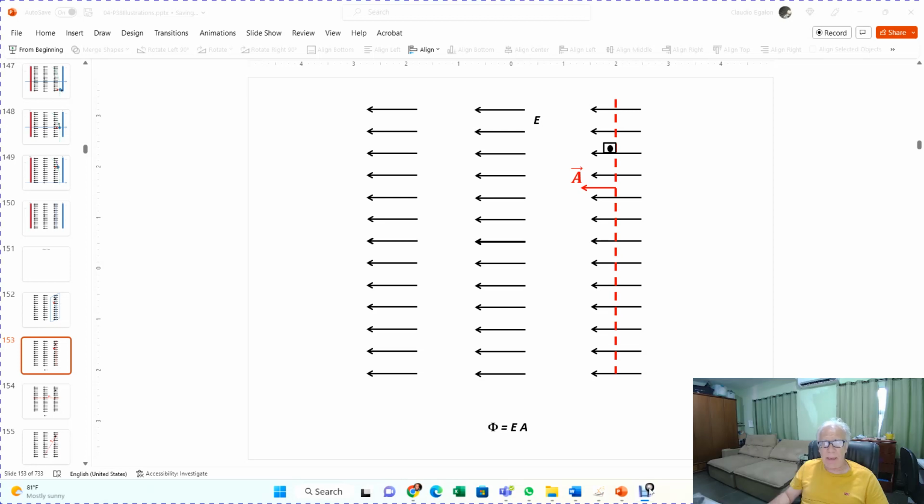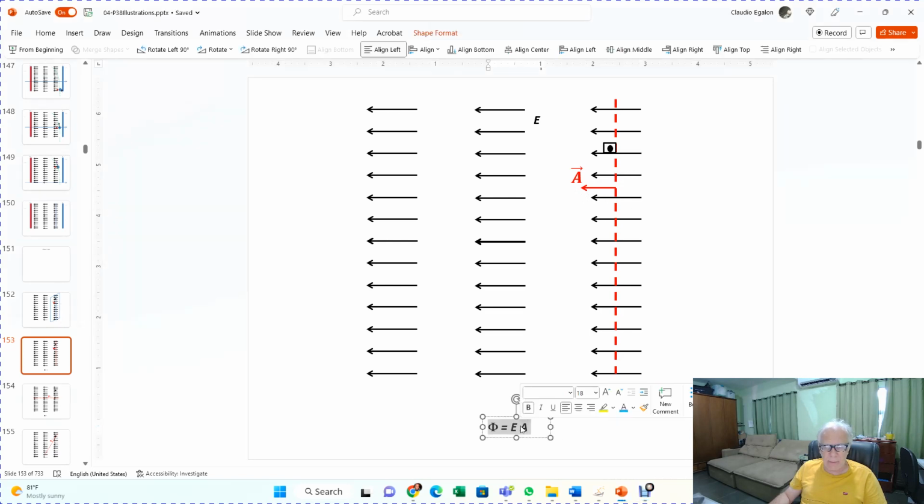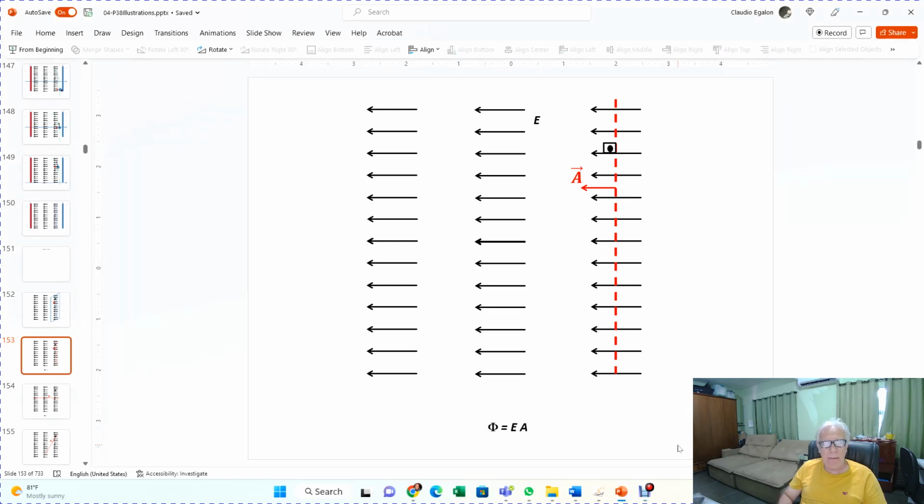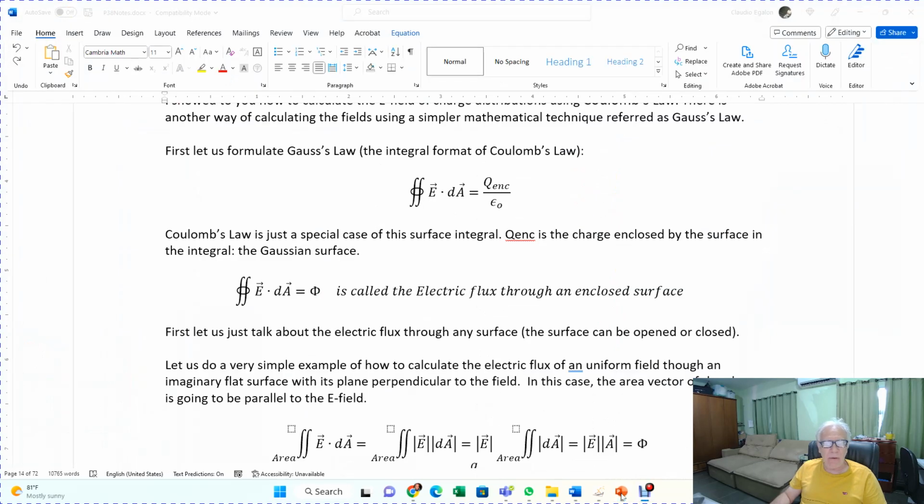In this specific case, the electric field is traversing the surface, and due to the orientation of the surface, the vector area is parallel to the electric field, so consequently the electric flux is going to be EA. Notice that in the definition of the electric flux, we have a dot product right in here. So if the electric field is parallel to the area, the cosine of the angle between those two vectors is going to be 1.